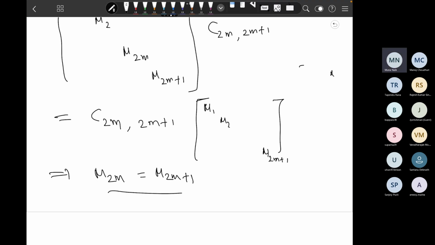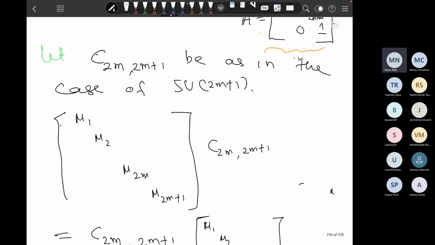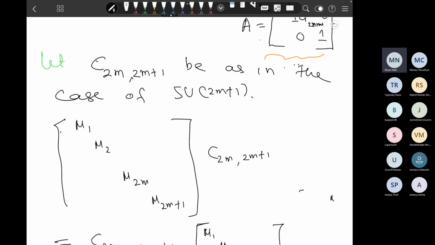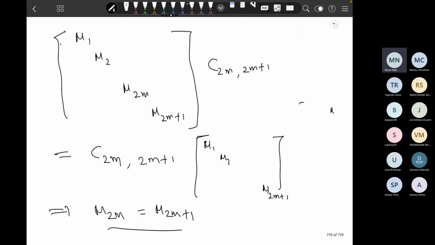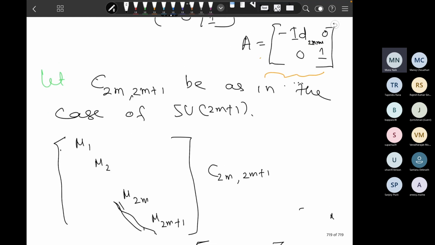This was the matrix C2m comma 2m plus 1. And since this A has mu2m entry and mu2m plus 1 entry different, one is -1 and one is 1, therefore A cannot commute with C2m comma 2m plus 1.